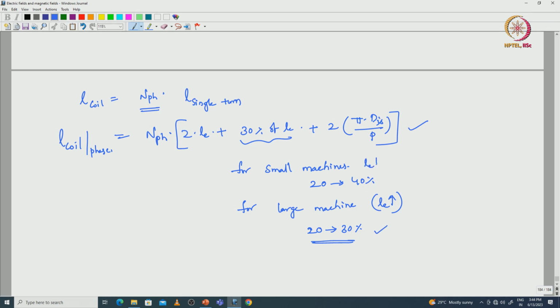If Le is small, we can consider that straight portion of the conductor to make the symmetrical winding 20 to 40%. This is the length of coil per phase with respect to the full pitch winding.